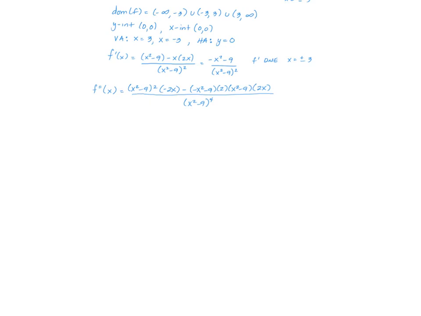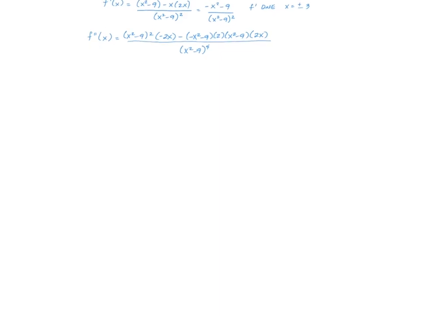Okay, so what I do notice is that in the two terms on the top, I can factor out x squared minus 9 and cancel it with the denominator. So I do notice that this is going to be equal to x squared minus 9 times negative 2x.